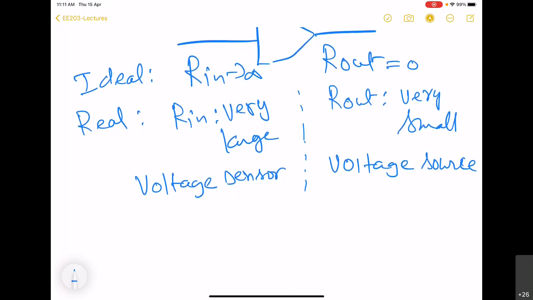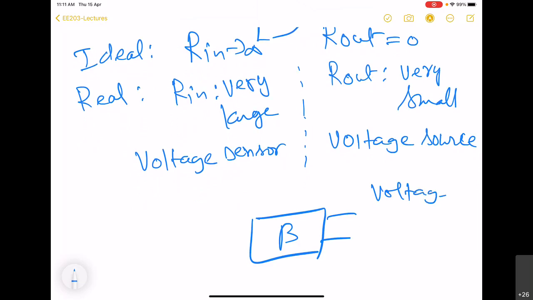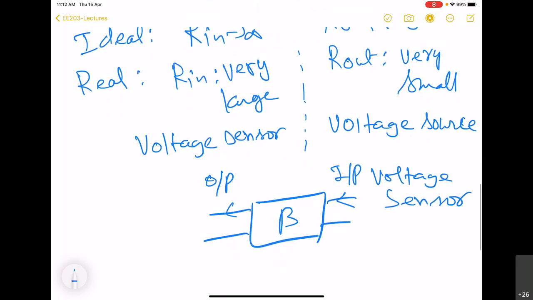So the feedback network that we will connect to this amplifier, this beta network, will sense voltage on the input side. This is the input of the feedback network and this is the output of the feedback network, which we will connect shortly to the amplifier.